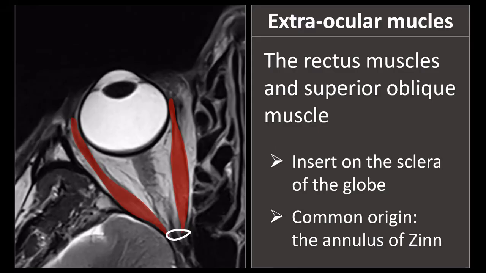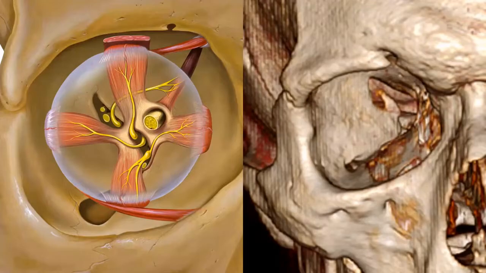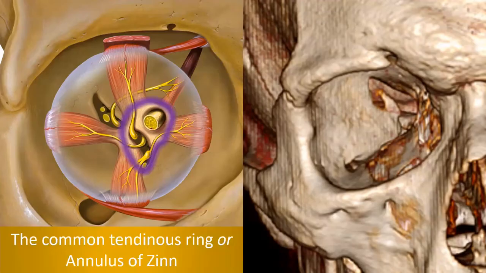And what's more, they also have a common origin, namely the annulus of Zinn, located at the orbital apex. And what is the annulus of Zinn? The annulus of Zinn is basically a small ring of fibrous tissue located deep within the orbit at the level of the orbital apex and surrounding part of the superior orbital fissure, the inferior part, and also the optic canal.